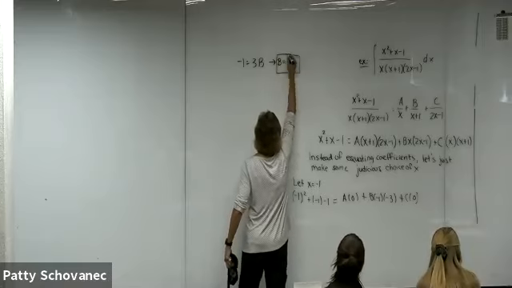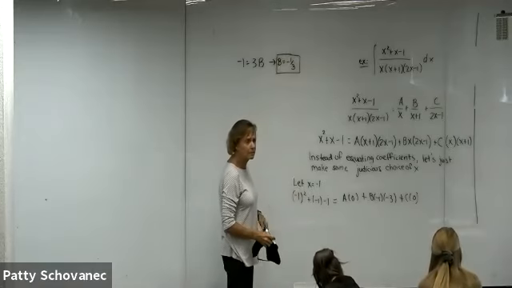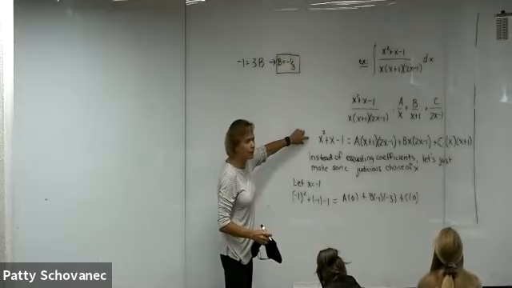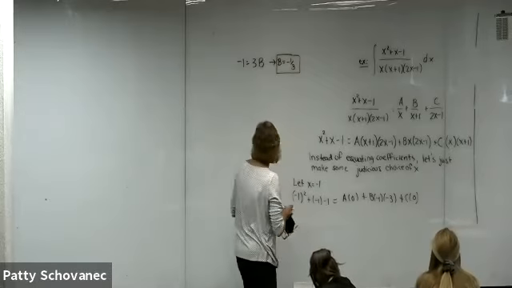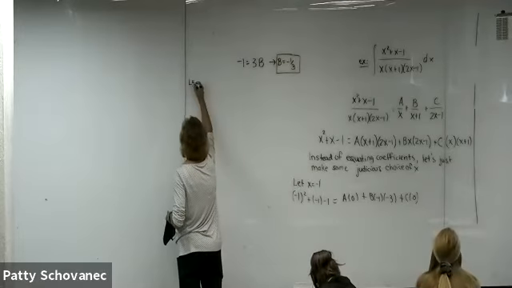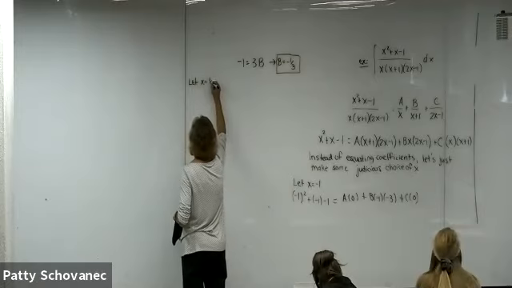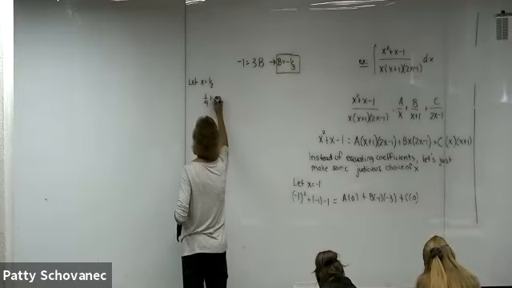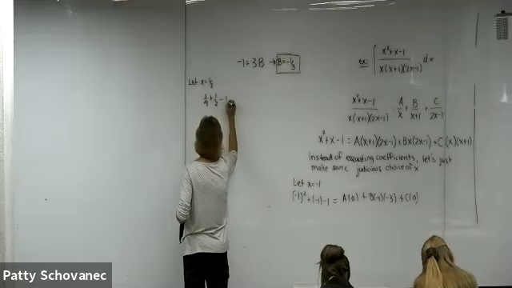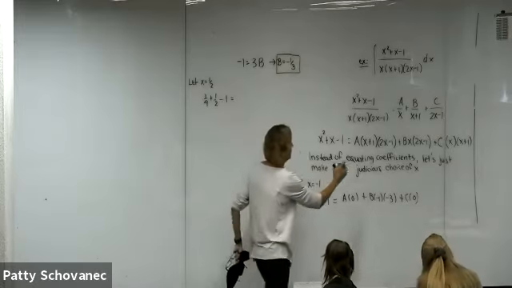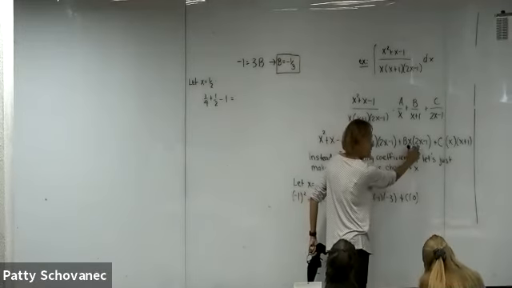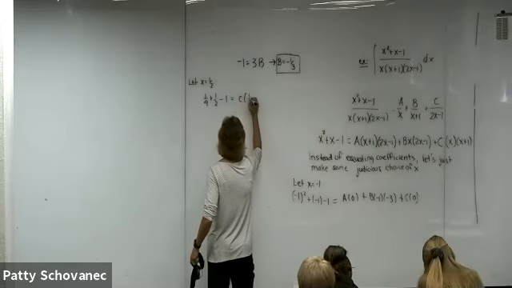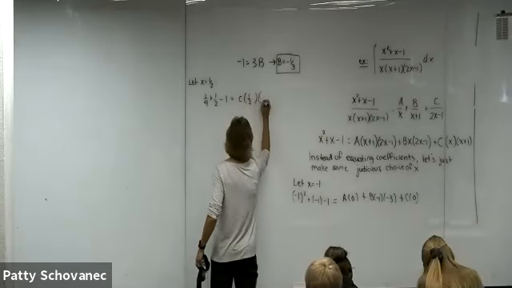Let's do it again. Pick another choice for X. Can you give me a value of X that's going to make a factor of 2X drop out? 1/2. So let's let X equal 1/2. On the left-hand side, I get 1/4 plus 1/2 minus 1. 1/2 here and 1/2 here knocks out the A and the B. So I get C times 1/2 times 3/2.